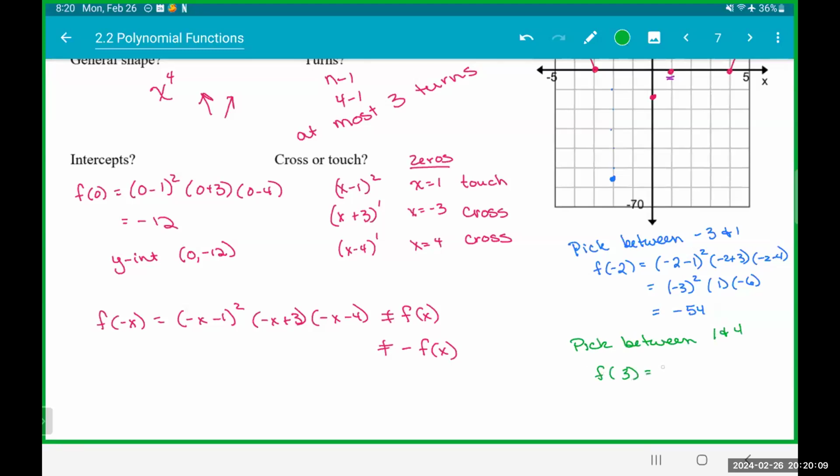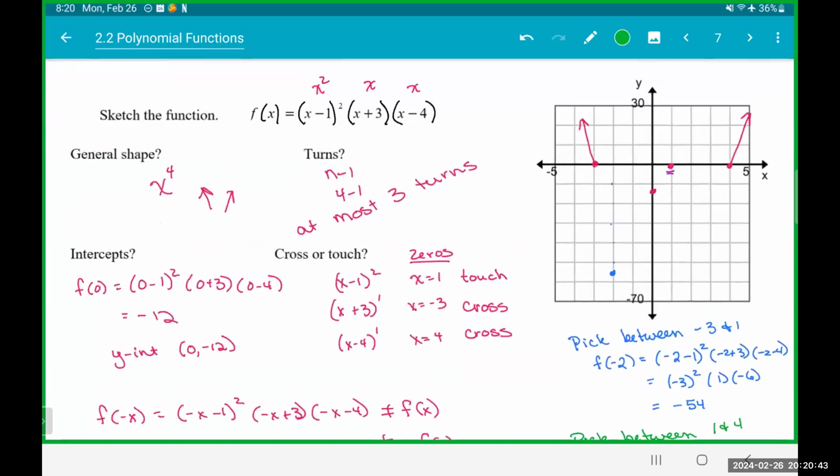That is going to give me 3 minus 1 squared times 3 plus 3 times 3 minus 4. So this gives me 2 squared times 6 times negative 1. And so that's 4 times 6 times negative 1, which is negative 24.